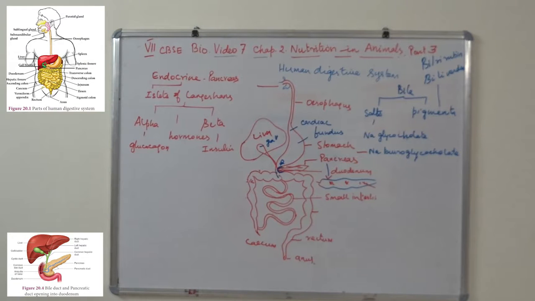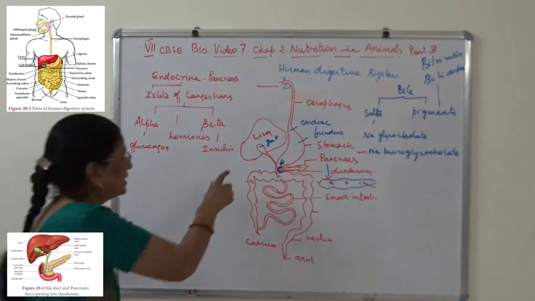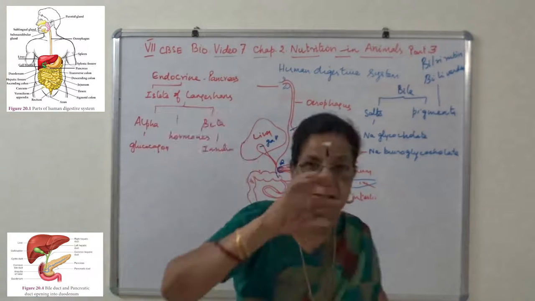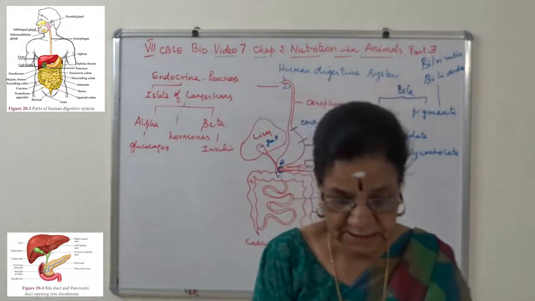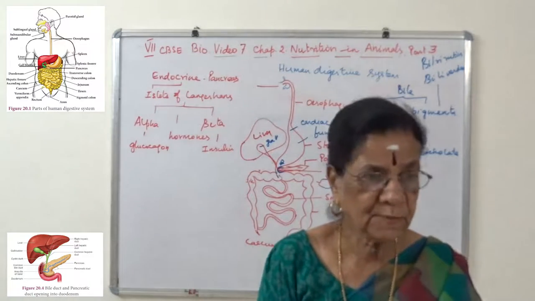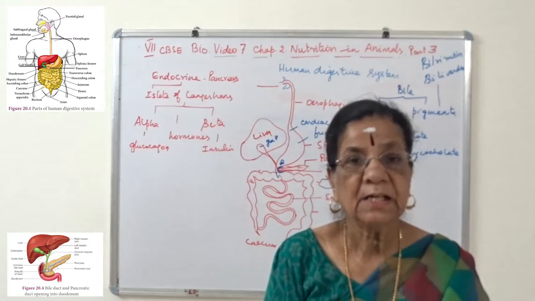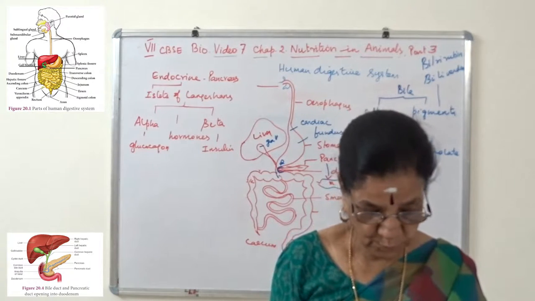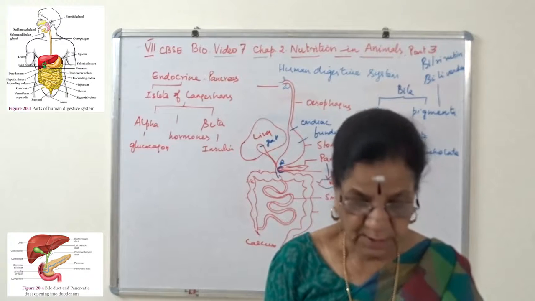Then the liver. The liver is a bilobed structure with a right lobe and a left lobe.